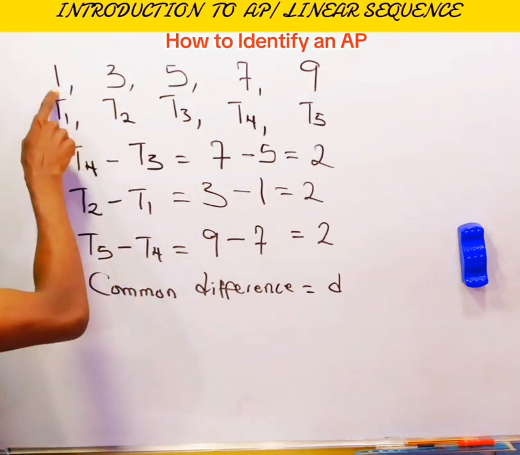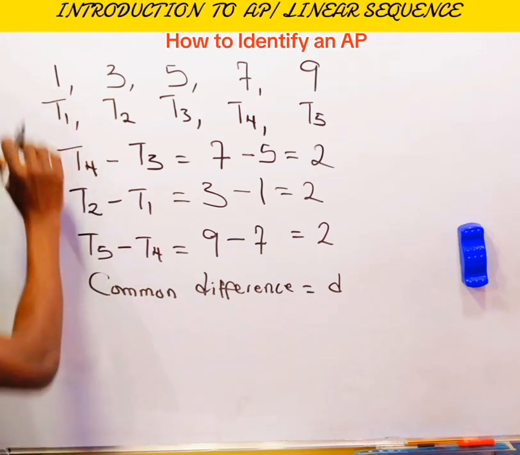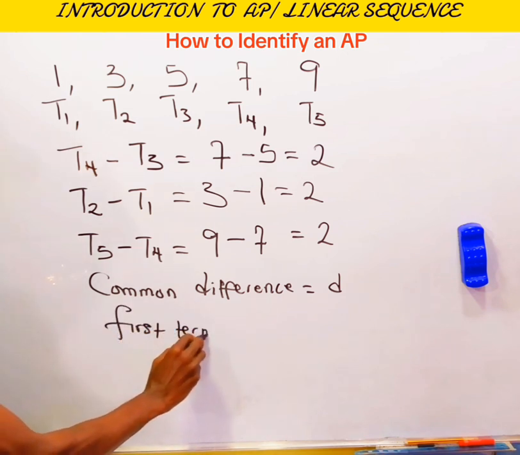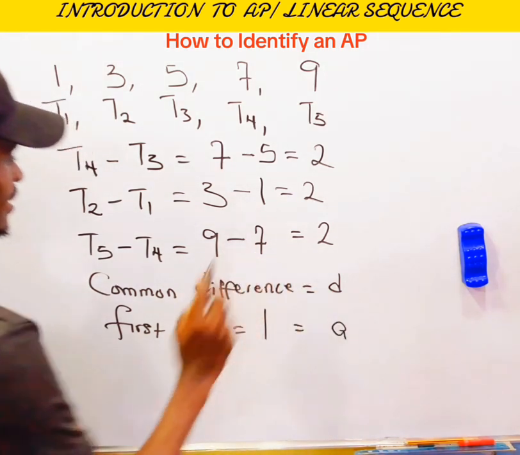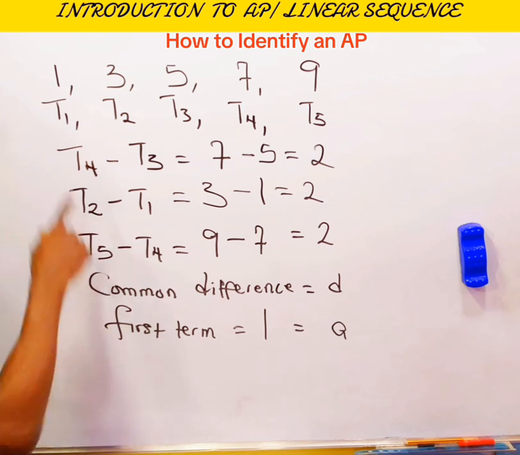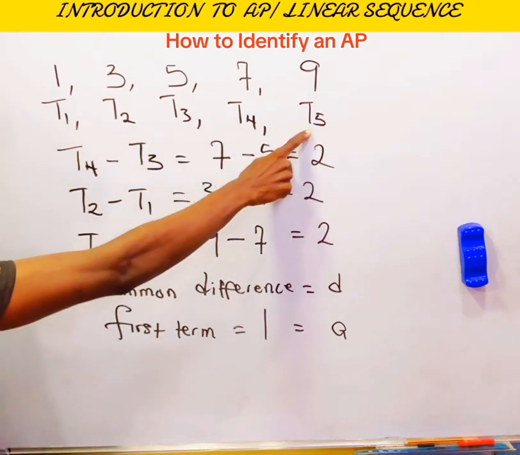Now, 1 here is the first term, which is also denoted by the alphabet A. All the first terms are denoted by alphabet A. Now, this is the first term, second term, third term, fourth term, and fifth term.